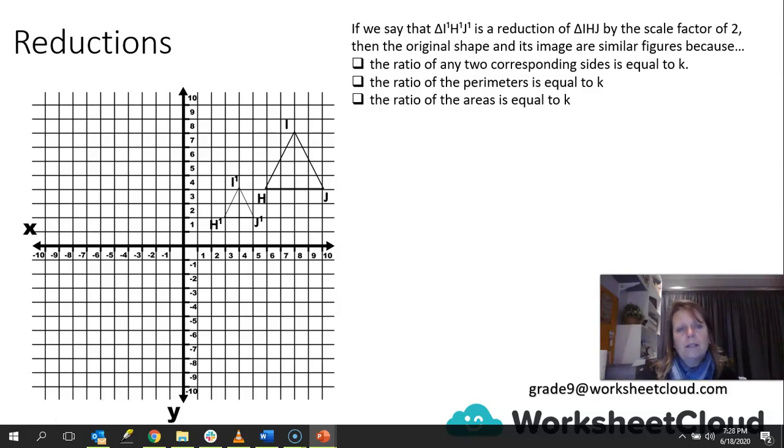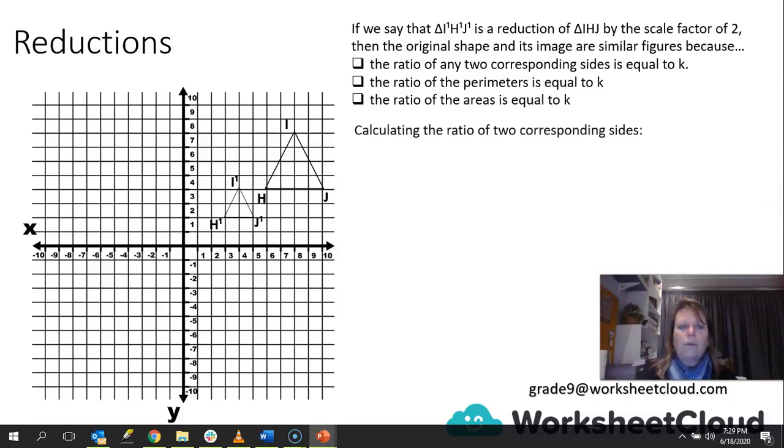Which means that it is in proportion, because all of those ratios are equal to the scale factor. So these shapes are in proportion to one another. They are the same shape, just different sizes. That means that they are similar.